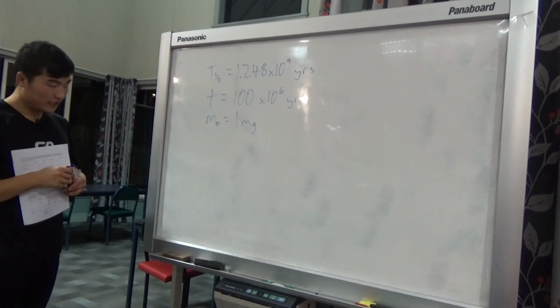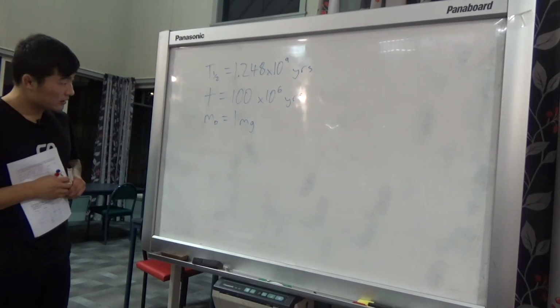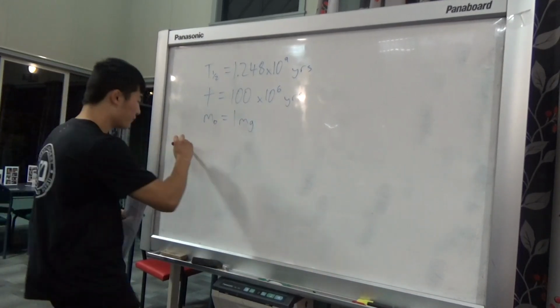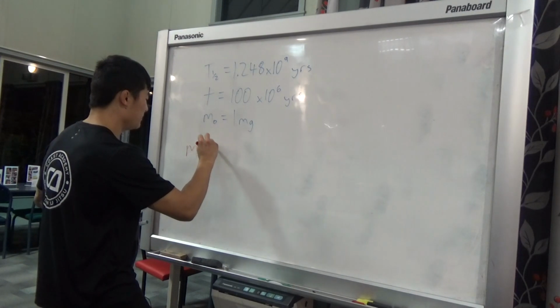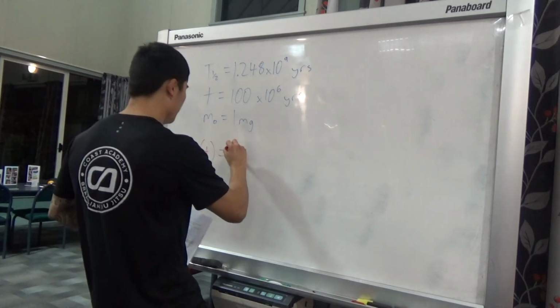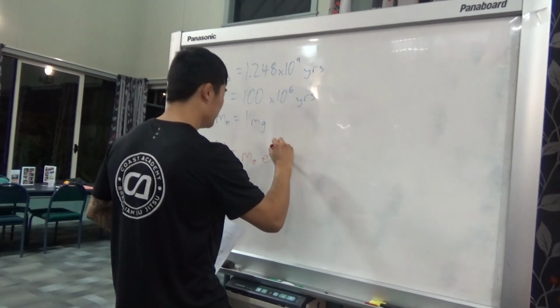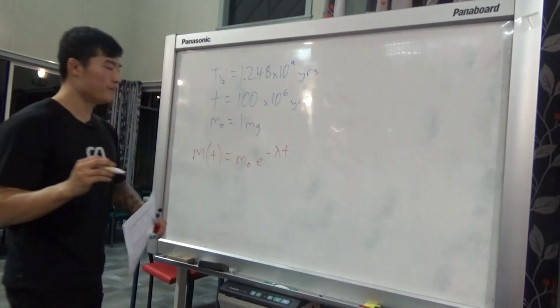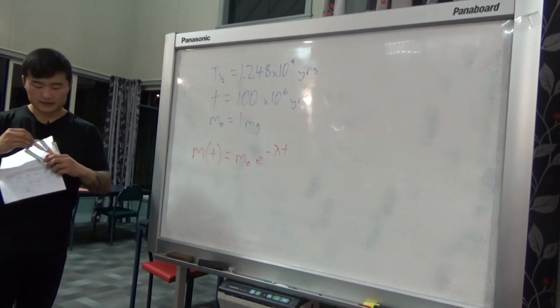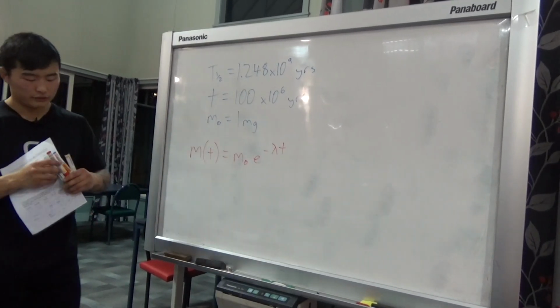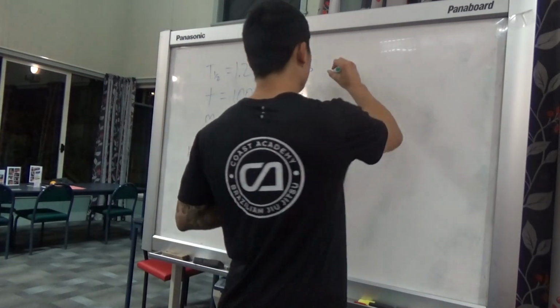Okay, so we want to find out how much is left after time t. So the mass at time t is equal to the original mass times e to the power of negative decay constant times time. So remember that. So we're going to find out what the decay constant is.